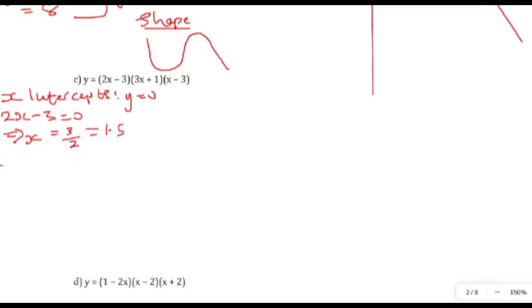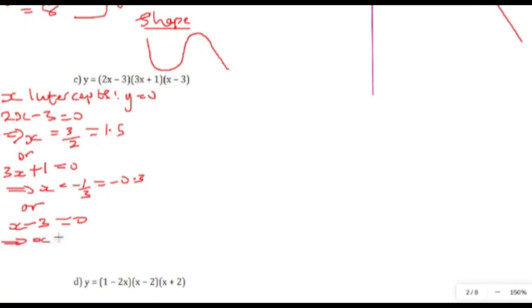Okay, now we have the same thing for 3x plus 1 is equals to 0. This means that x is equals to minus 1 over 3, which is equals to minus 0.3. So last one, we have x minus 3 is equals to 0. So this means that x is equals to 3. So we've now gotten our x-intercepts.